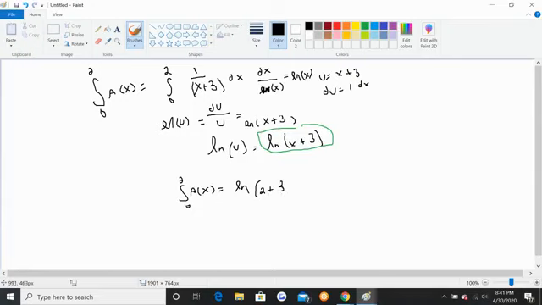Because we plug in the upper bound first, and then minus ln, plug in our lower bound for x here. And because this is no calculator, you can really just leave it in its unsimplified form. So this is going to be your answer for the volume when each cross section perpendicular to the x-axis has an area of 1 over x plus 3.